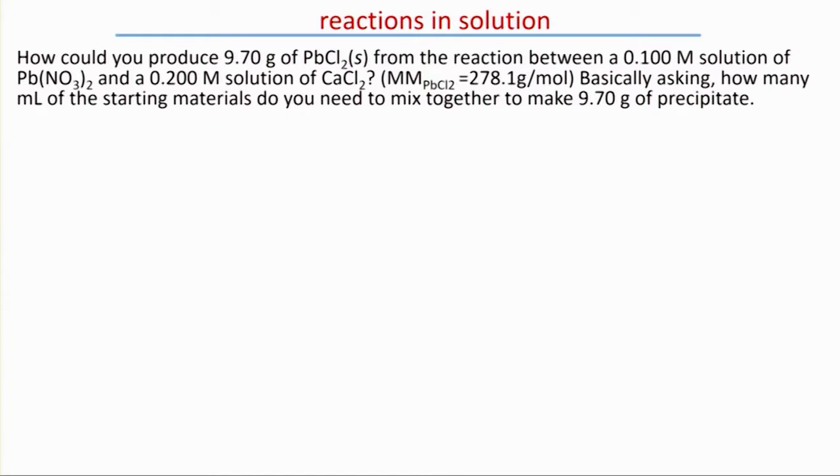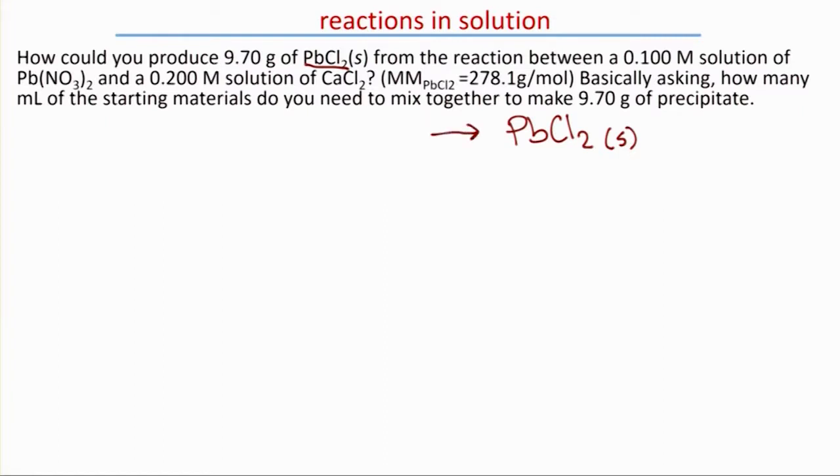All right, first off, what I said we had to do is write the balanced equation. We are trying to produce the 9.7 grams, so that means this is going to be a product. And we can look at our 2 reactants.